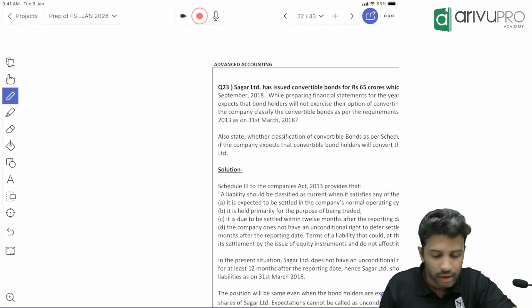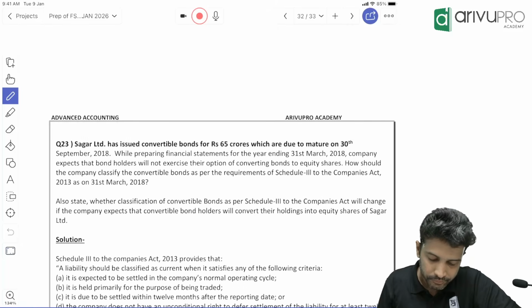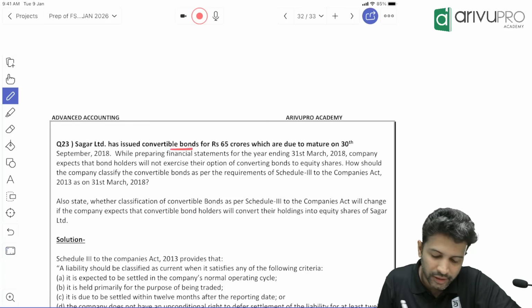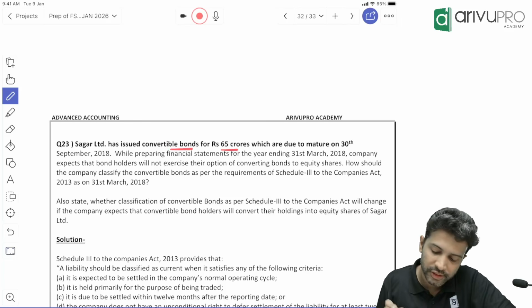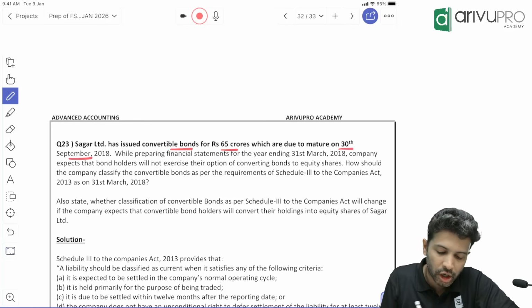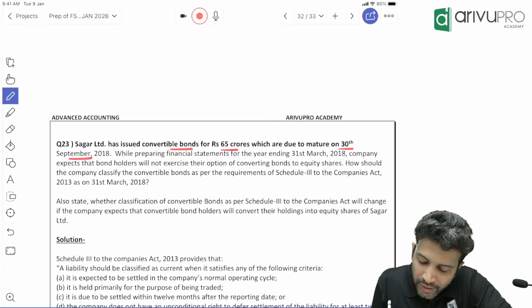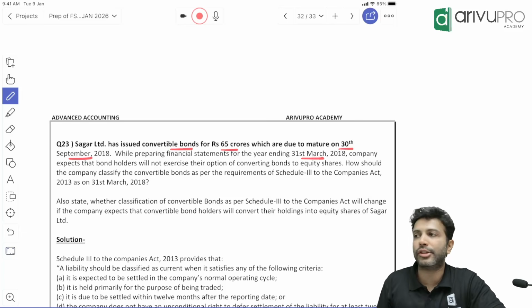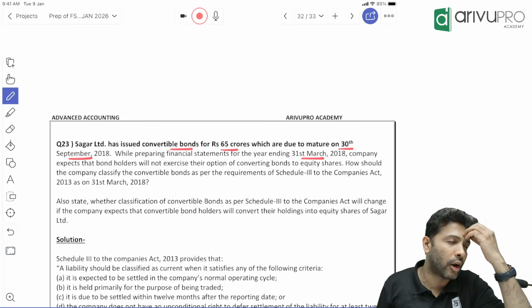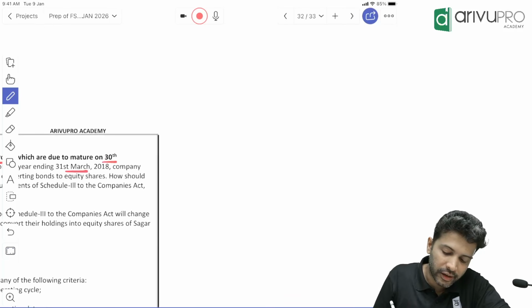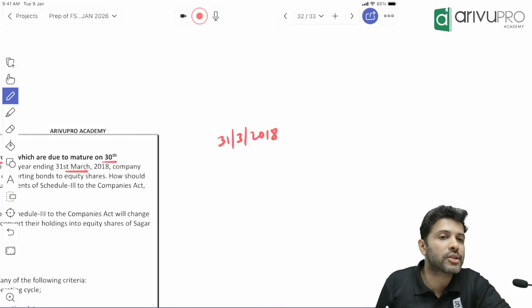Question number 23. Sagar Limited, one company, has issued convertible bonds worth 65 crore, which are due to mature on 30th September 2018. While preparing financial statements on 31st March 2018, I'll not even bother reading anything further. The current year is ending on 31st March 2018.